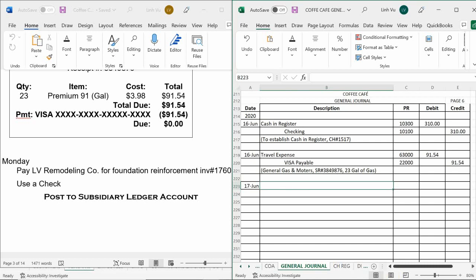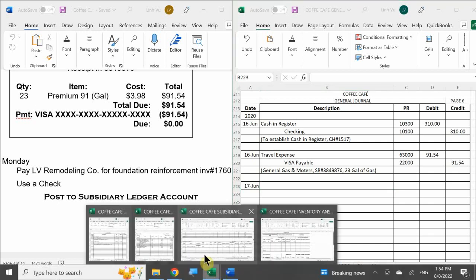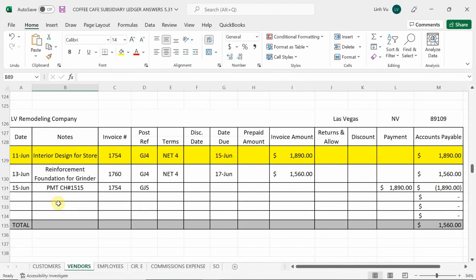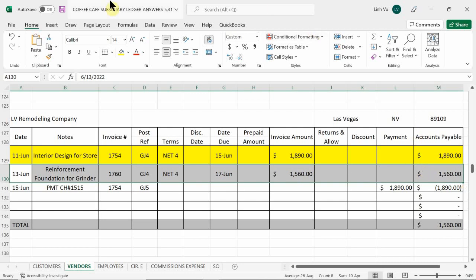I would go into the subsidiary and look at LV Remodeling Company to see what the total amount was on that. Okay, here we go. LV Remodeling for the 1760 invoice due on the 17th of June. The grand total amount is 1560.